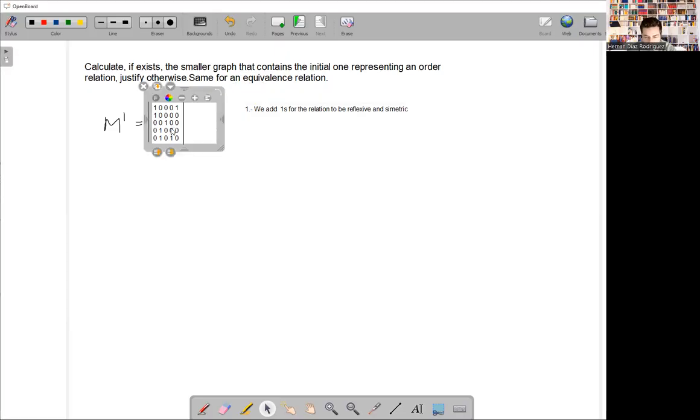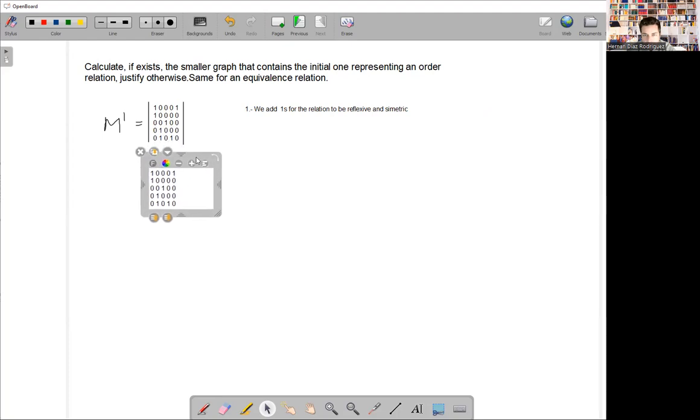So we take the matrix and we add ones in the diagonal. And then we need to make it also symmetric.